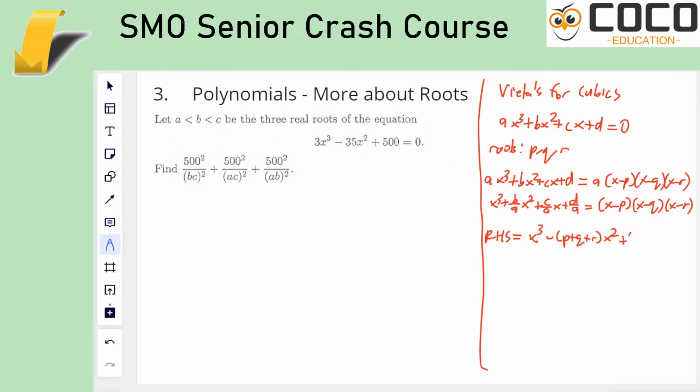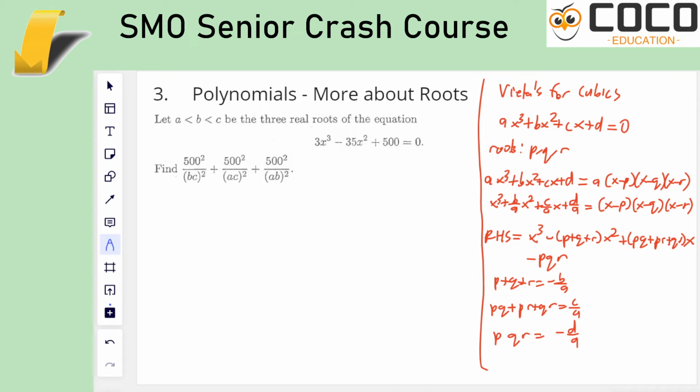Multiplying them together, you get plus all these combinations. And finally, if you don't take x at all, you get minus pqr. So, what's the implication? If we compare coefficients, p plus q plus r is minus b over a, pq plus pr plus qr is c over a, and pqr is minus d over a.